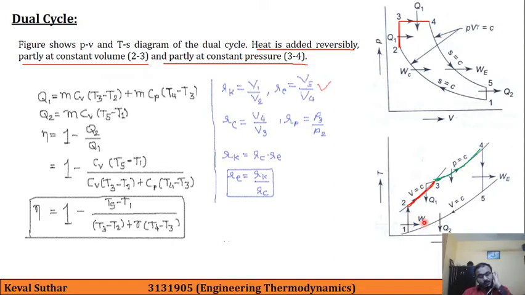Here in the derivation, this is the basic way we derive the efficiency in the form of temperature differences, and then we have defined these ratios, that is compression ratio, cutoff ratio and expansion ratio, as well as the pressure ratio.